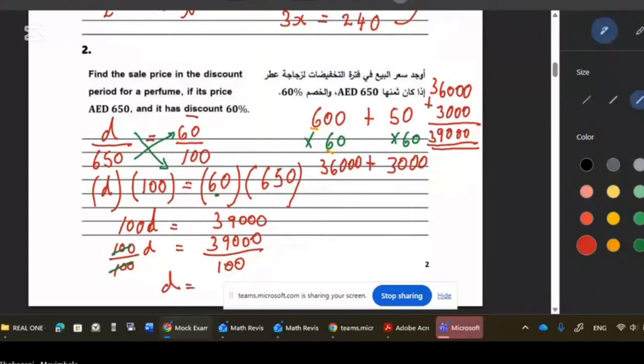So now I'm going to look at these two. I'm dividing by 100 again. So I'm going to cancel the zeros, which this 0 cancel with that 0 there, and this 0 cancel with this 0. And voila, I have something here. So I'm left with 390, because 390 divided by 1 is 390.